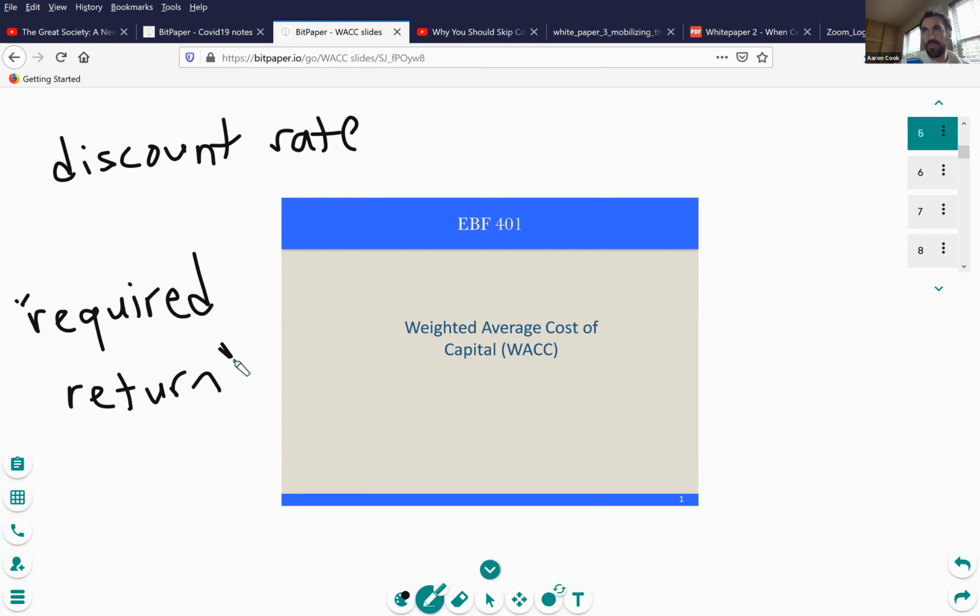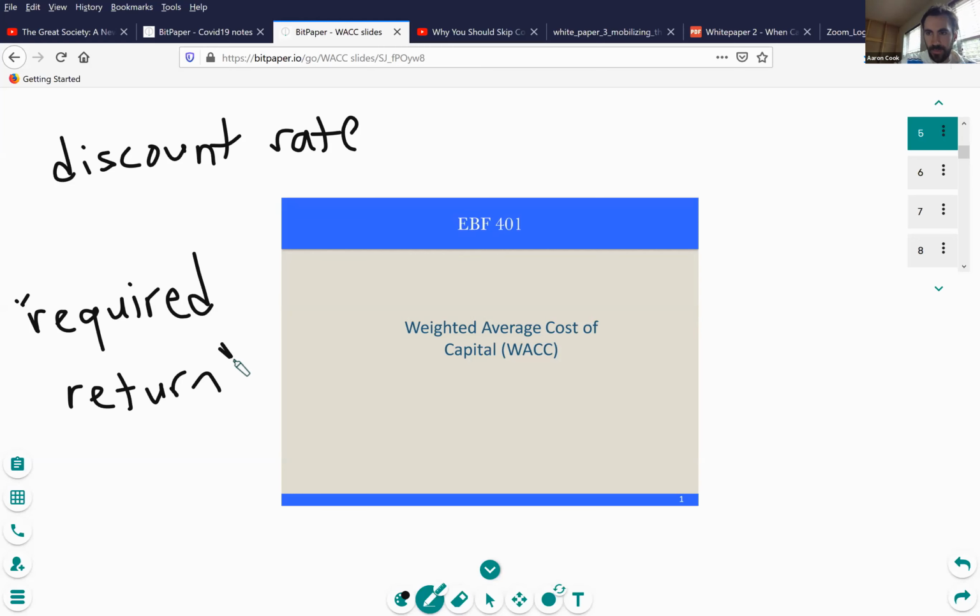Those are all synonyms for the same thing. It's the rate at which the financiers of a firm or of a project have to be paid back. It's the rate at which they're going to expect you to pay them something above and beyond what they invested in the company to begin with.